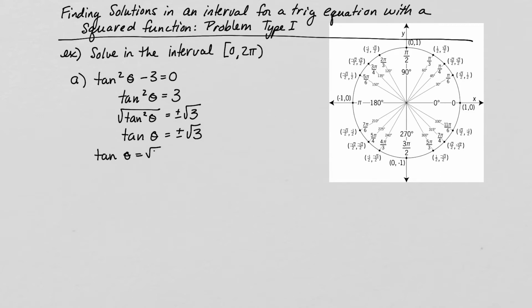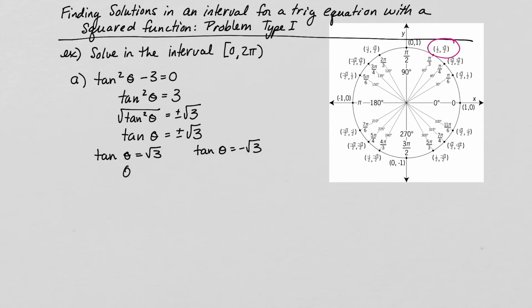So the places where the tangent of theta, so remember tangent is y over x, and if you divide those, if I took here the square root of 3 over 2 divided by 1/2, that would just give me square root of 3.